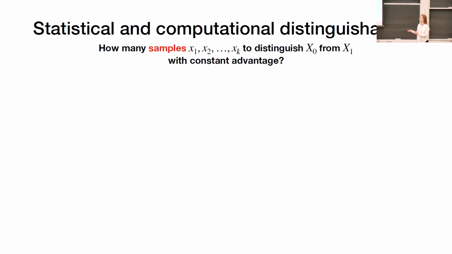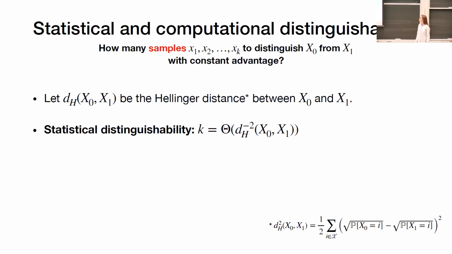When we're looking at distinguishing between distributions, one of the core things we care about is the number of samples it takes to distinguish x0 from x1. Let's first study this within the statistical case. In the statistical case, the number of samples we need is the inverse of the Hellinger distance squared. So the ability of an algorithm to distinguish is captured by the total variation distance.